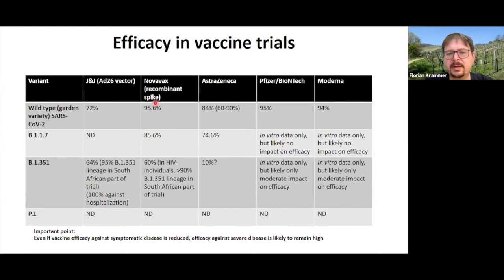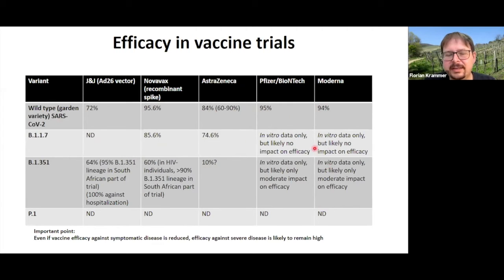For the Novavax vaccine that should be licensed soon, the efficacy against wild type is 95%, drops a little against B117, but it's still 60% against this South African origin B1351. For AstraZeneca, it's different. AstraZeneca works well against B117 and garden variety SARS-CoV-2, but it doesn't seem to work against B1351 to prevent mild disease. And then for the mRNA vaccines, we have very high efficacy against garden variety SARS-CoV-2.